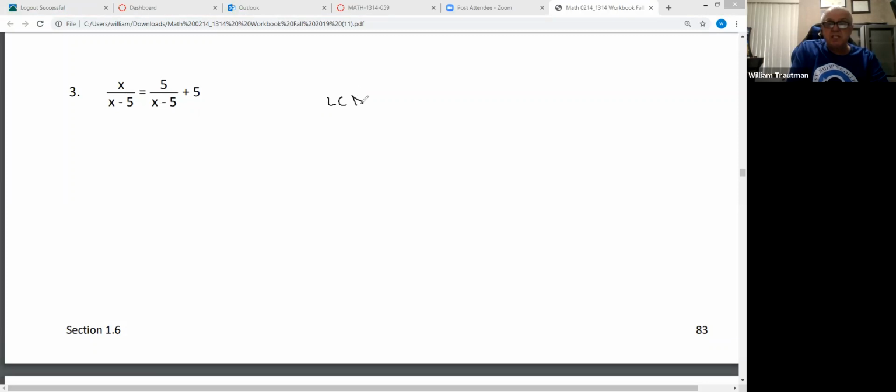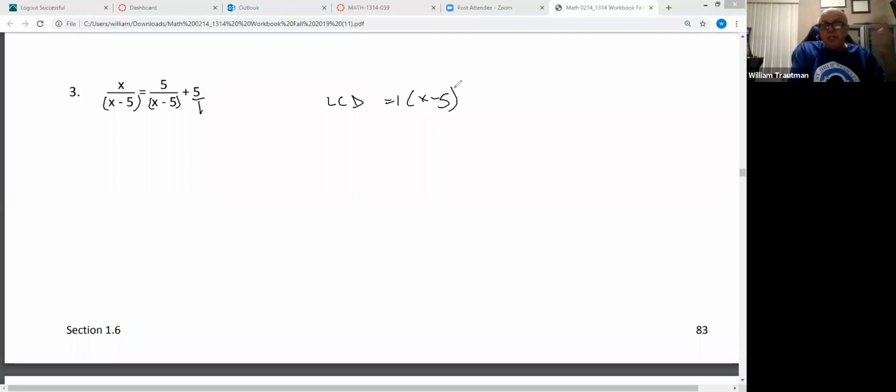Step 2, find the LCD. Don't forget 5 is really 5 over 1. A whole number is over 1. So the LCD is whatever's under this parentheses, x minus 5. Whatever's under this parentheses, it's the same thing, x minus 5, so I don't write it twice. I just leave it there, and then times 1.